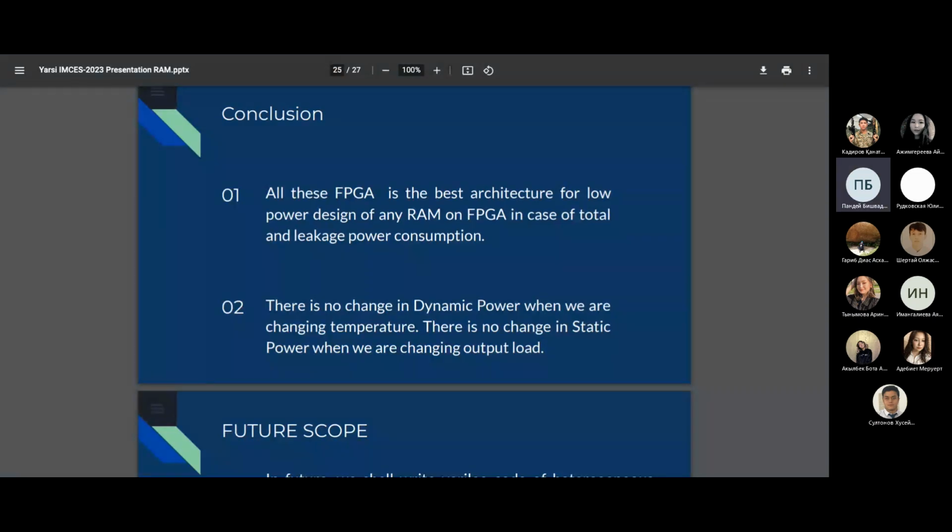There is no change in dynamic power when we are changing temperature. There is no change in static power when we are changing output load.